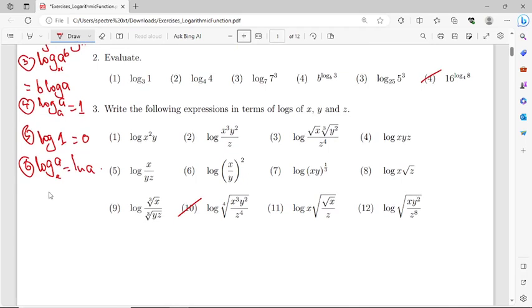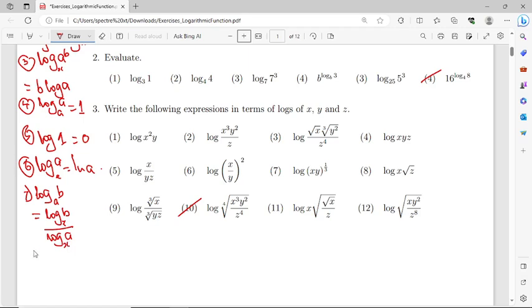And seven, we have to know that the log of b base a can be written as the log of b over the log of a under any base. You can choose your base here.